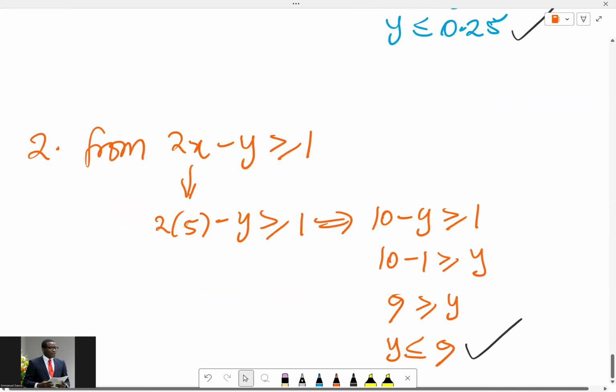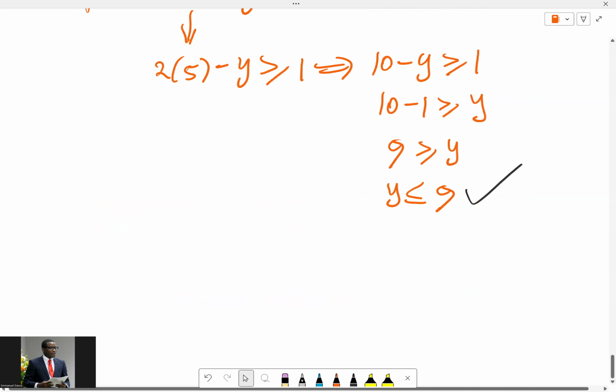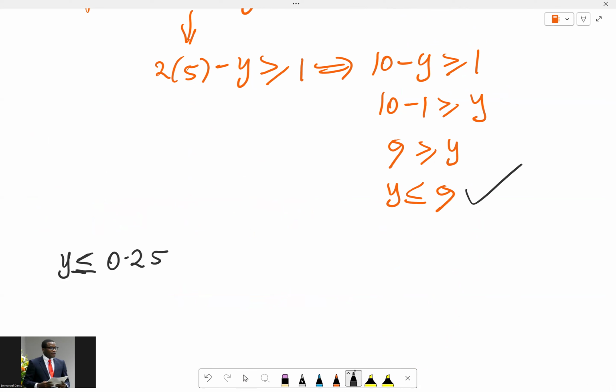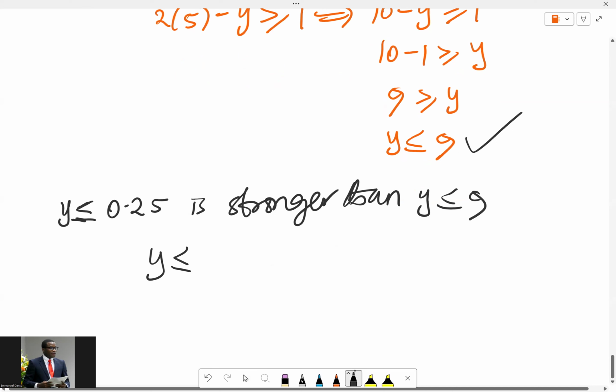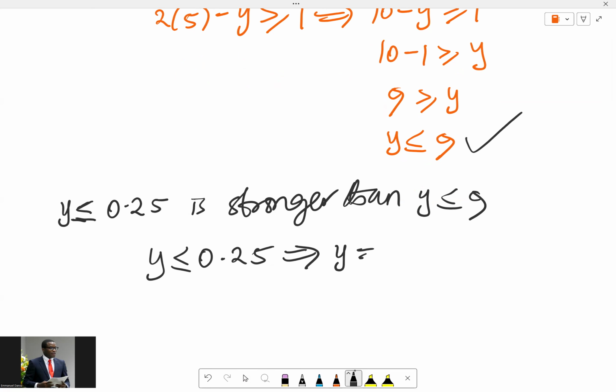The stronger one is that y is less than or equal to 0.25, which is stronger than y less than or equal to 9. So the best we can have, y less than or equal to 0.25, simply implies that y is equal to 0.